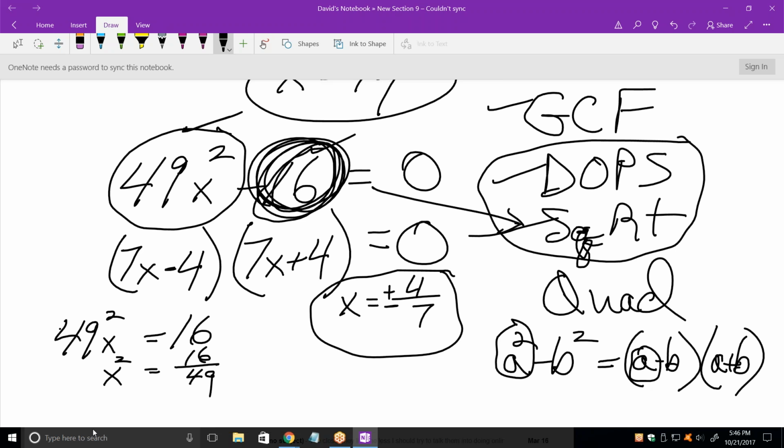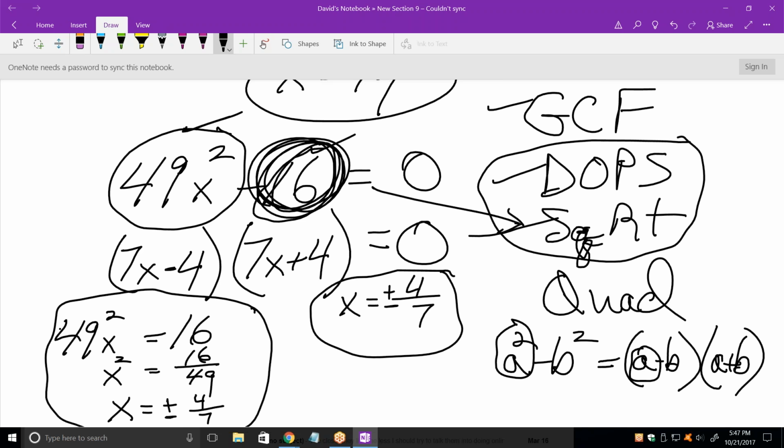Third step is I take the square root of both sides. But whenever I solve an equation by taking the square root of both sides, I have to put a plus and minus always in the beginning of my answer. Now the square root of the numerator is 4, square root of the denominator is 7. So I got the answer pretty quickly that way.